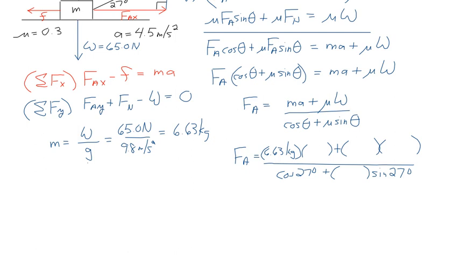The A is 4.5 meters per second squared. The mu is 0.3, so that's going to go there, and that's going to go down here. And the weight is 65 newtons.